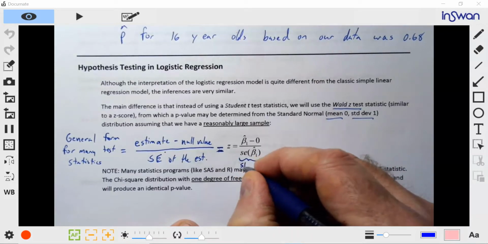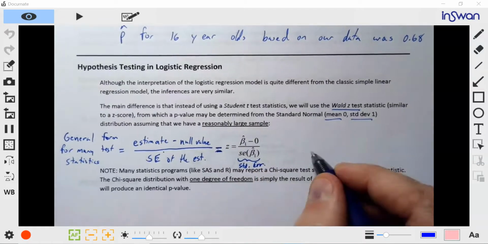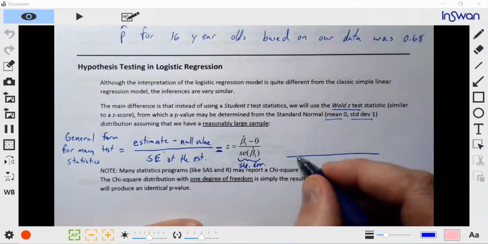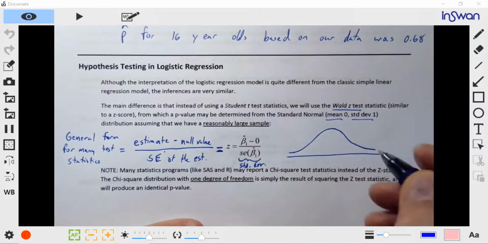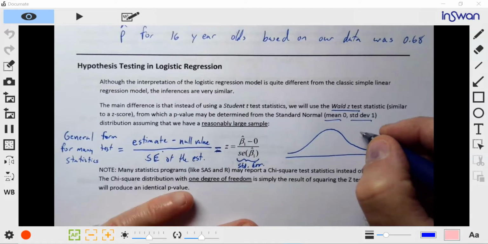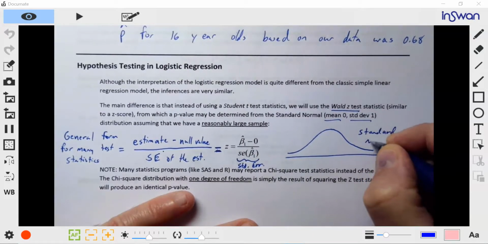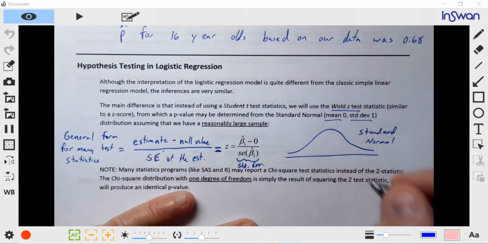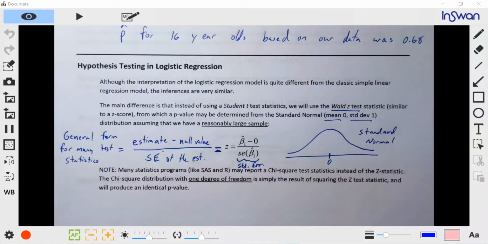This is the standard error. And a standard normal distribution looks a lot like a t distribution, and you probably saw this in Stats 212. And 0 is at the middle because the mean of a standard normal distribution is always 0. So it looks a lot like a t distribution.